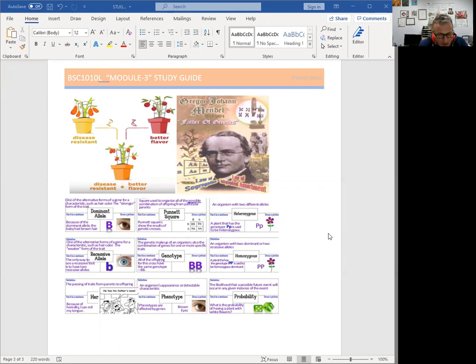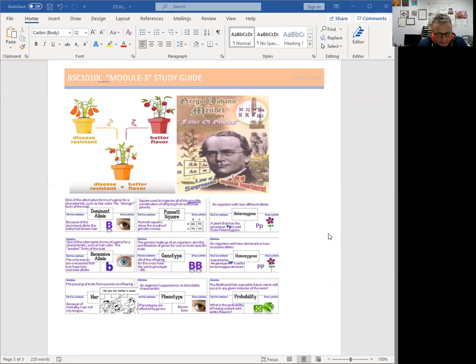These are the expressed traits of the same gene. An alternative form of a gene is an allele, and genes are always in pairs.